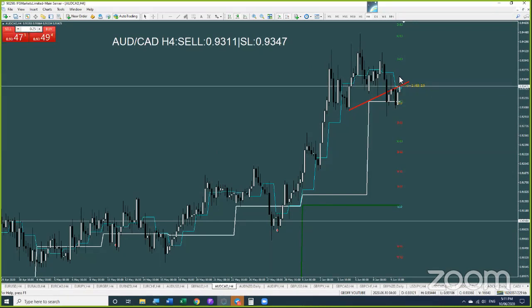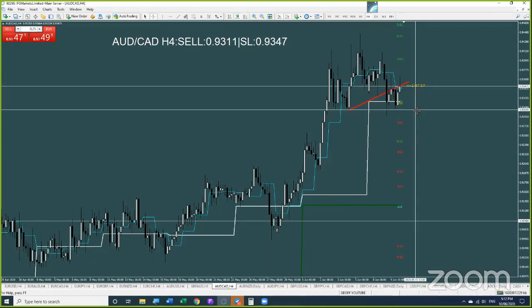If that candle were to look like this, it is another lower high. But I think I'd be happy to go back in at this level. So yeah, or would I? Still the same, nothing's changed.